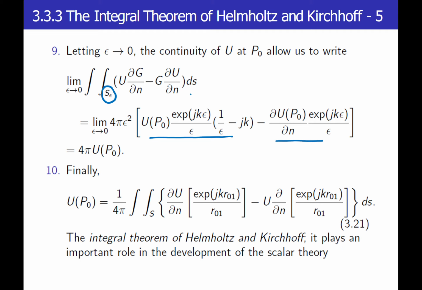And this surface integral is nothing but 4 pi epsilon squared, which is the surface of the sphere, and then epsilon squared, and 1 over epsilon. And then as epsilon goes to 0, this term goes away, and only this term survives. And if epsilon is 0, this term is 1. And then we end up with this U of P0.